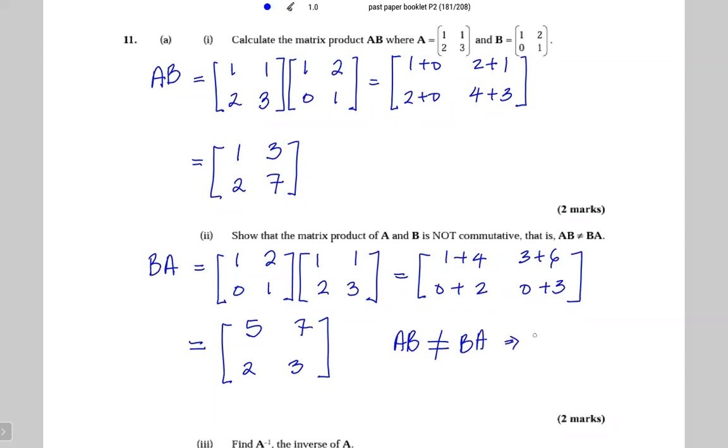Therefore, the matrix product of A and B is not commutative.